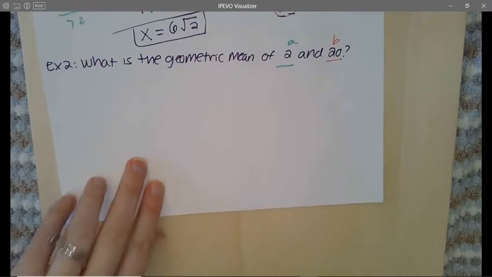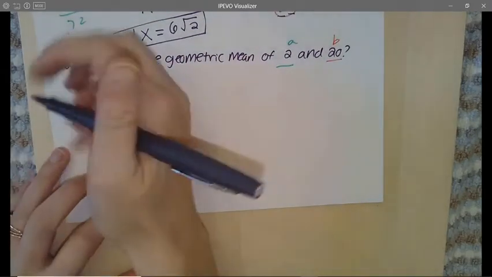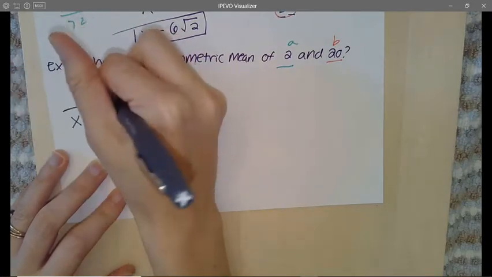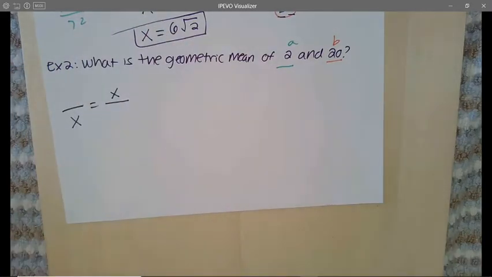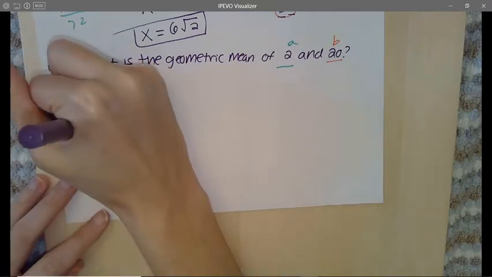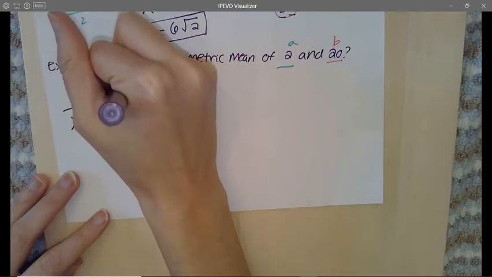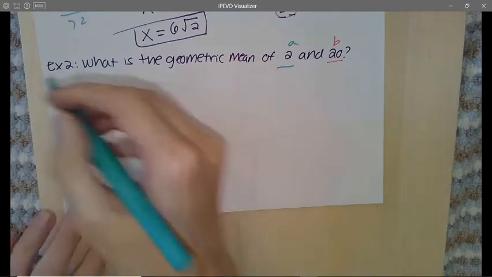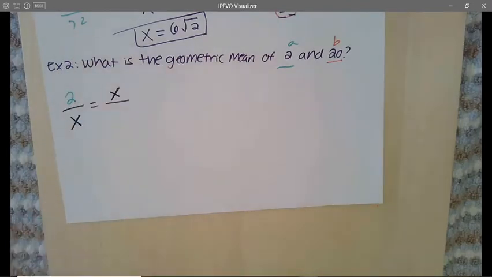Okay, let's get going, you guys. So in my formula, the x's are going to remain as x. Actually, I used the wrong color. Oh no, I like to color coordinate. And then the A and the B, I'm just going to fill in. So the A goes in the numerator over here, and the B goes in the denominator, which is 20.